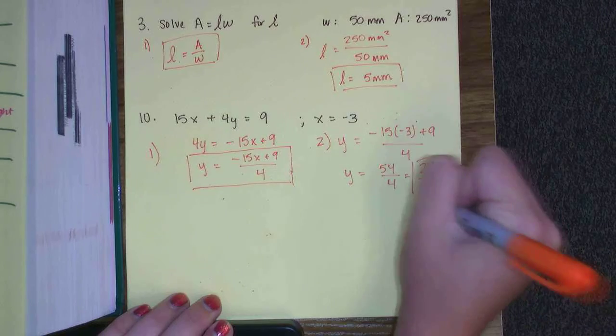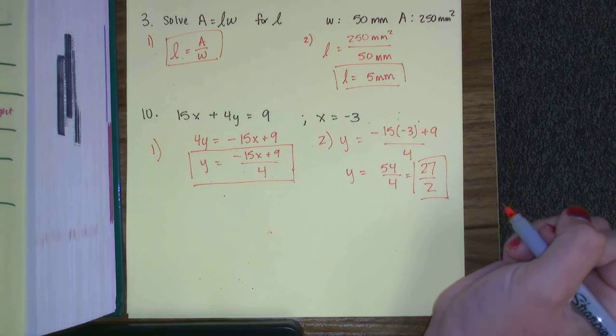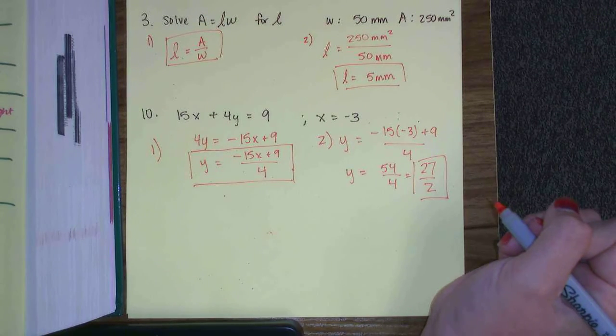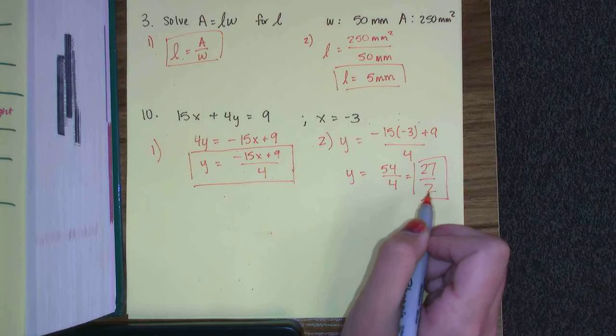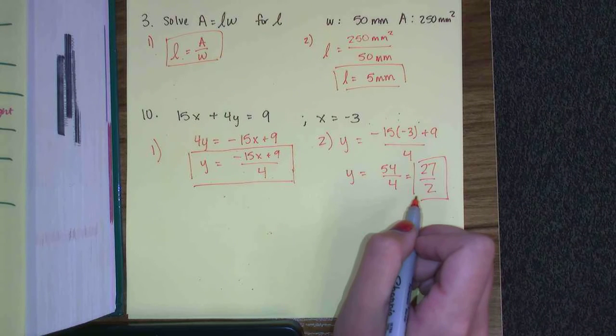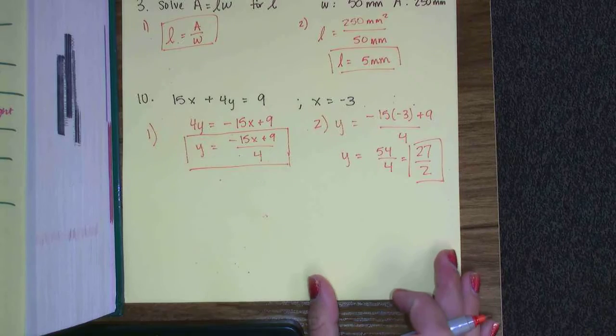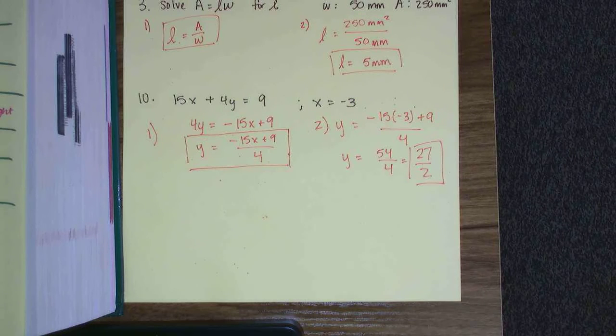So my final answer would be that y is equal to 27 over 2. You need to make sure you reduce it. Do not give me a mixed number, and do not give me a decimal. Leave it as an improper fraction. Can you do another one? Yes, we're going to do another one.